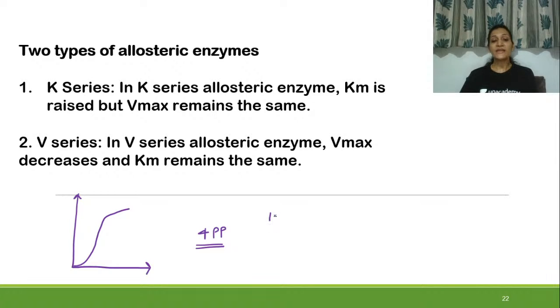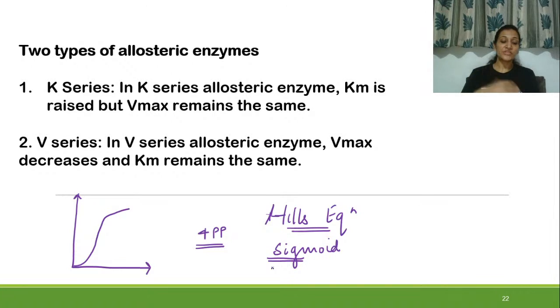Once they have bound one substrate, it will show high reactivity towards the coming substrate. Its reactivity, its acceptability, its affinity will keep on increasing. This is what is explained by Hill's graph or Hill's equation, and the shape of the graph is sigmoid. So they show cooperation in binding.